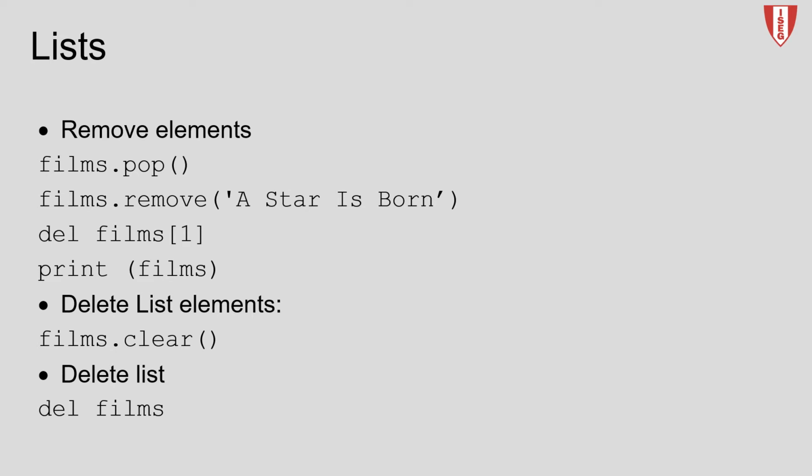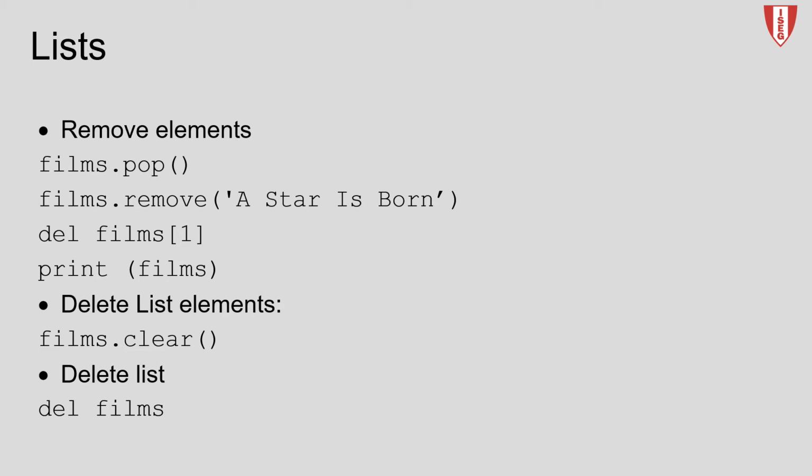In order to remove elements from the list, we may use the method pop that will remove the last element of the list. We may use the method remove and put between round brackets the element we want to remove. We may also use the statement del and identify the elements we want to remove by using index.